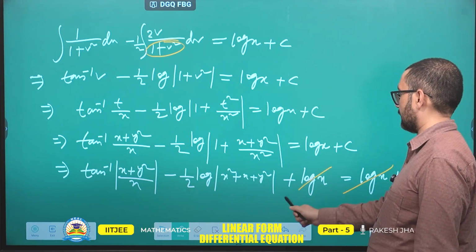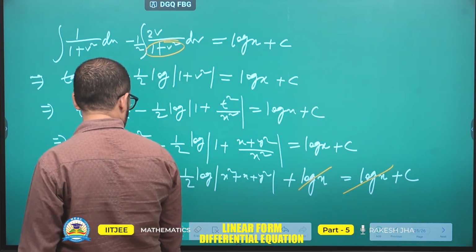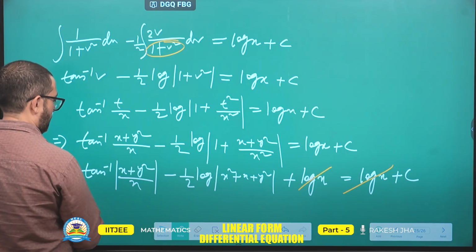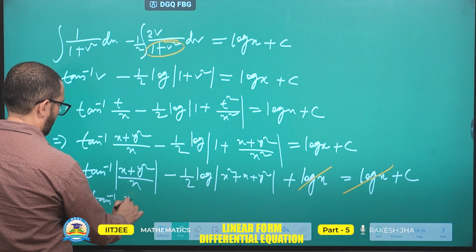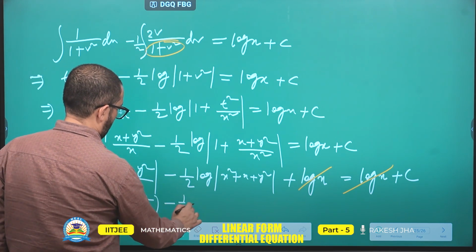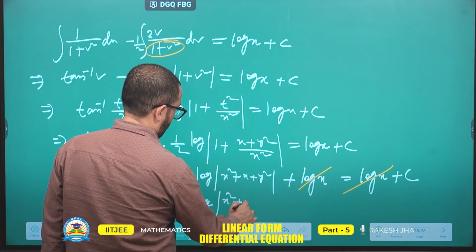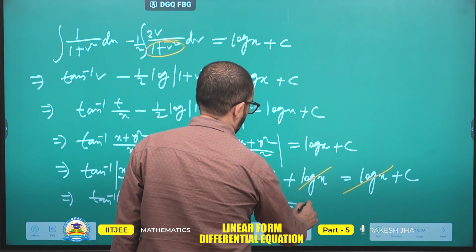So again log x and log x got cancelled. So this is the final answer we have: tan inverse (x plus y square upon x) minus half times log (x square plus x plus y square) is equal to c.